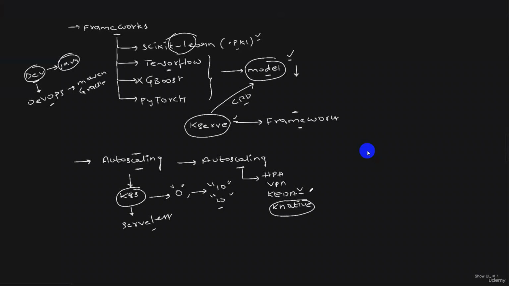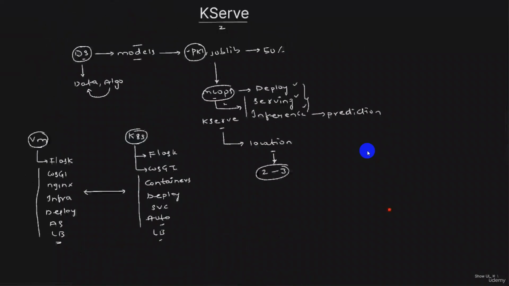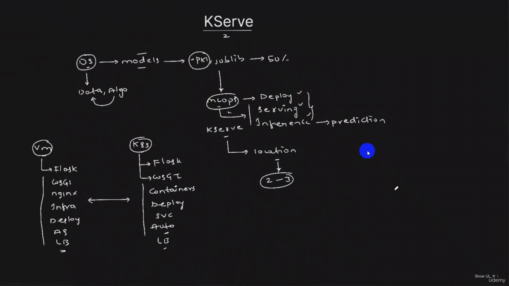So finally, before we conclude this lecture, let me do a very quick recap. Kserve is an open source Kubernetes-based platform that helps MLOps engineers with model deployment, serving, and inference. Without this platform, MLOps engineers have to implement a lot of steps, such as creating a web server gateway interface, Nginx reverse proxy, infrastructure, creating virtual machines, setting up auto scaling, and load balancing.